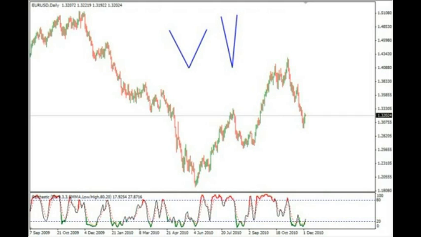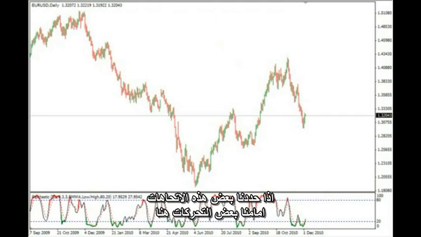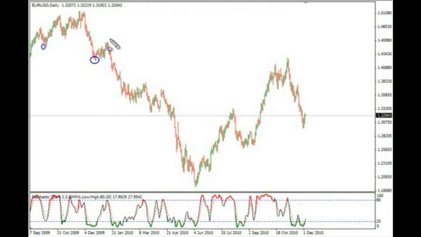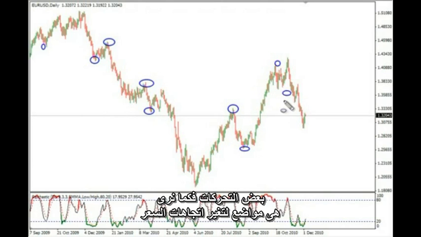Okay, so if we pick out some V's here right now, I can see some V's there. Here I can see some V's here, here. Excuse me, some V's there. So as you can see, we can see some V's.